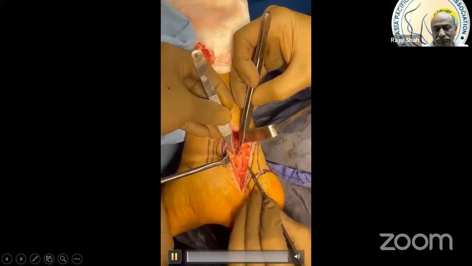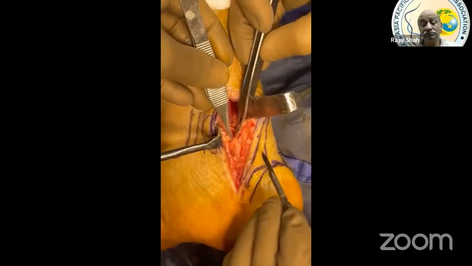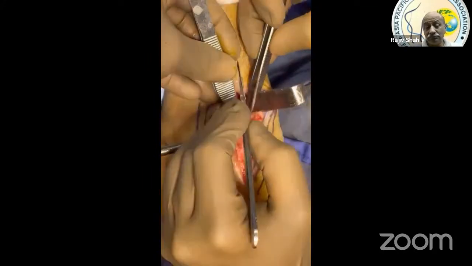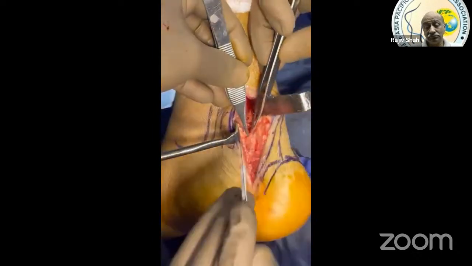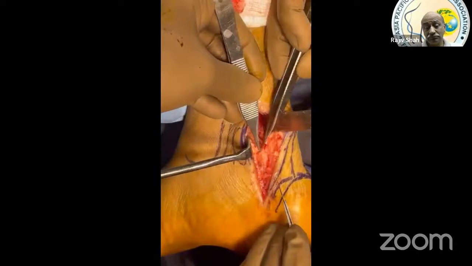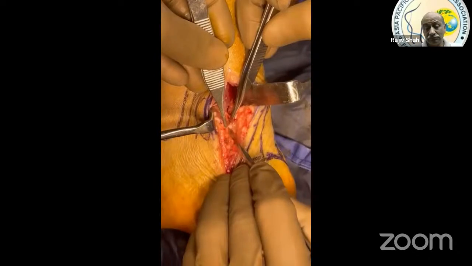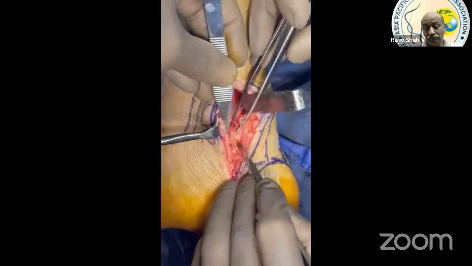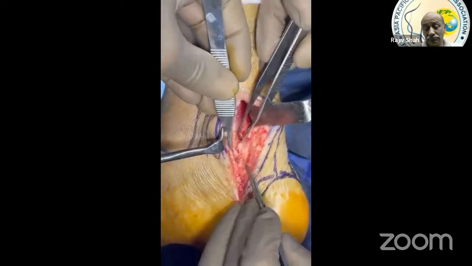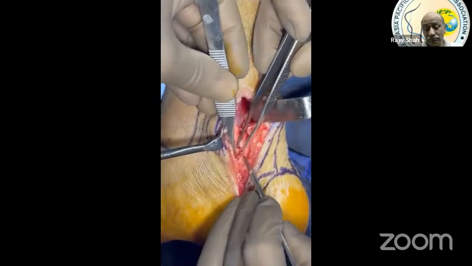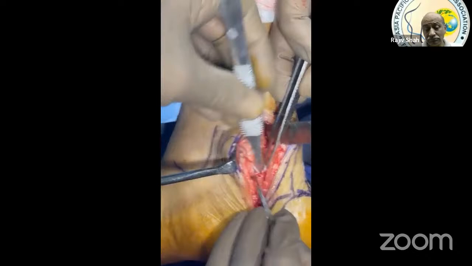Whenever you want to find flexor hallucis longus, even for flexor hallucis longus transfer for a tendo Achilles problem, you should start proximally, because proximally you have a muscle, and distally this tendon goes very close to the neurovascular bundle. So what I am holding and what Dr. Neerav is holding is the fibro-osseous sheath of the flexor hallucis longus, and I am going to cut it sharply and into the center to make sure that we open the FHL tendon.